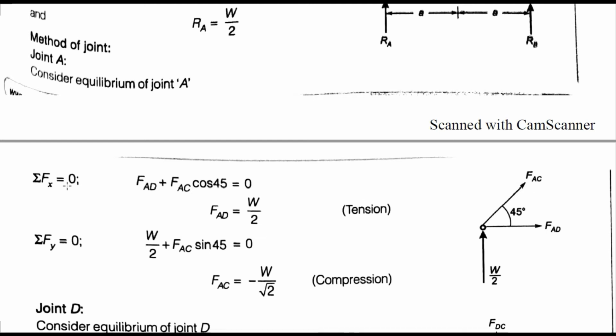So summation of Fx is equal to 0 means FAD, this is the horizontal part, plus one component of FAC, that is FAC cos 45. So FAC cos 45 plus FAD is equal to 0.